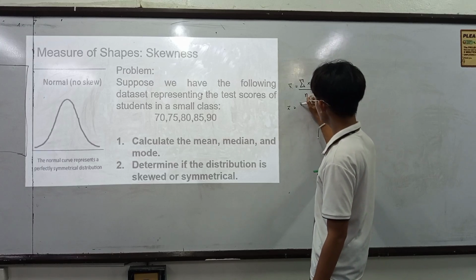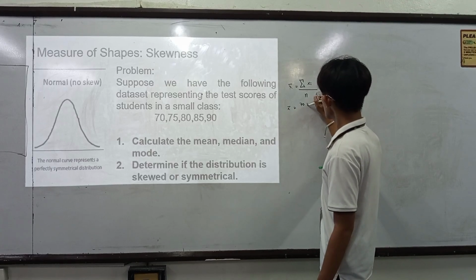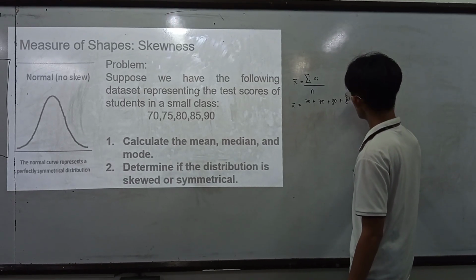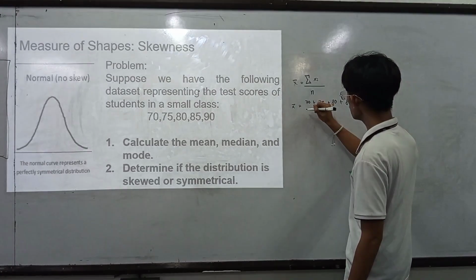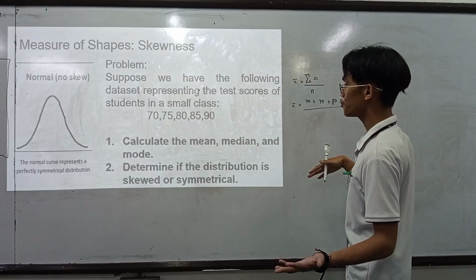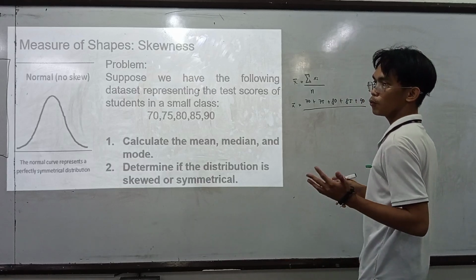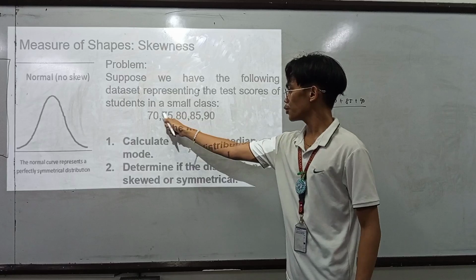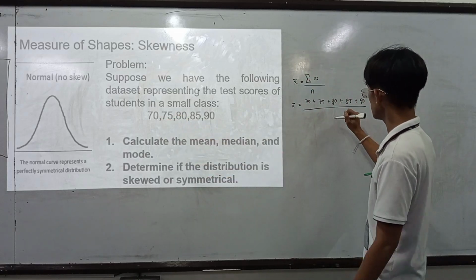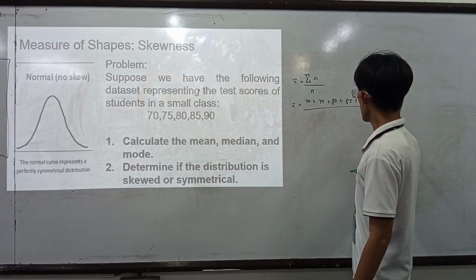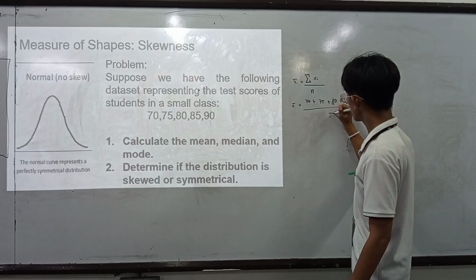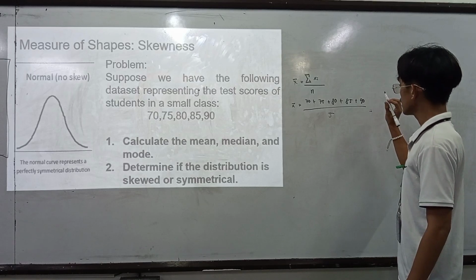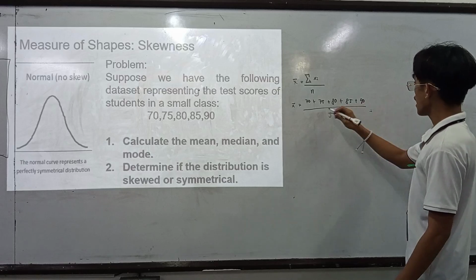We should add 70, added to 75, added to 80, added to 85, and lastly added to 90, over the number of your data set. So what is the number of the data set? We should count it: 1, 2, 3, 4, 5. So we have 5 numbers in the data set. It means that it should be divided by 5.